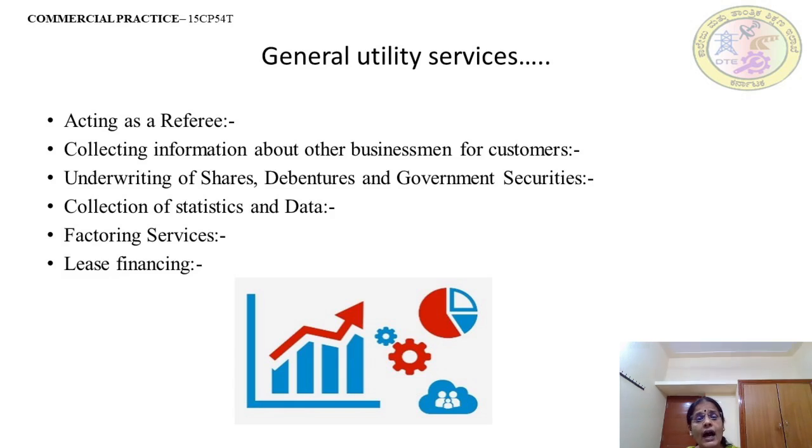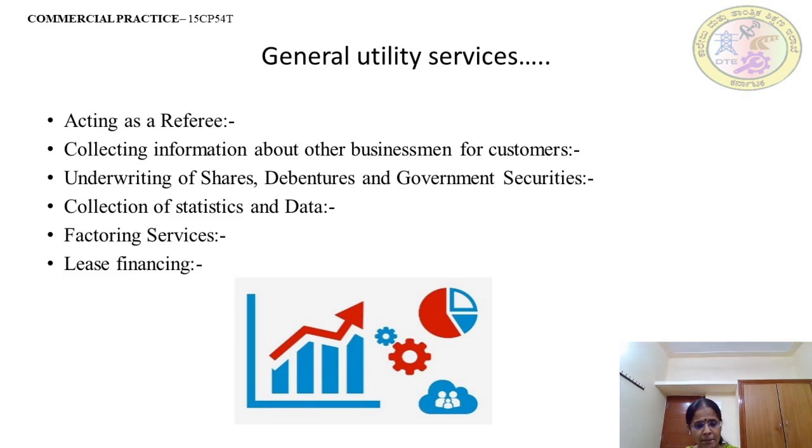Thus, he will ask the banker to collect information about the other businessmen with whom he has to make an agreement of supply. It can be an agreement of supply of raw materials or purchase of machineries, tools, equipment, whatever it is. He has to get information about the other businessmen.